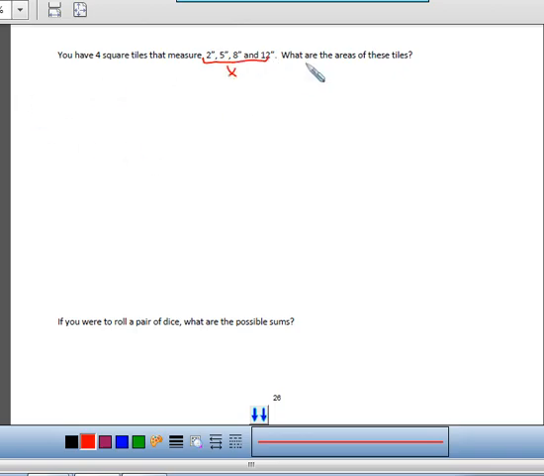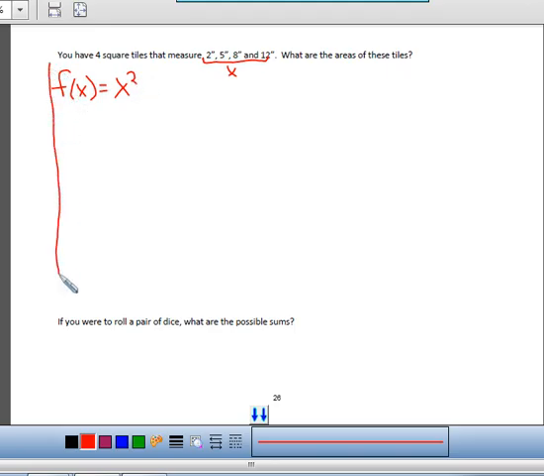And what we need to find is our f of x, a function of x. Well, how do you find the area of a square tile? Well, you take one side of it and you square it. So that is our function. f of x equals x squared.